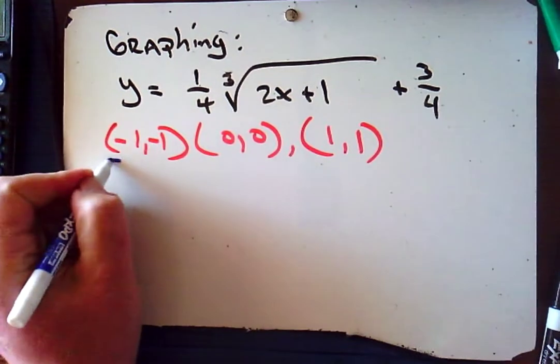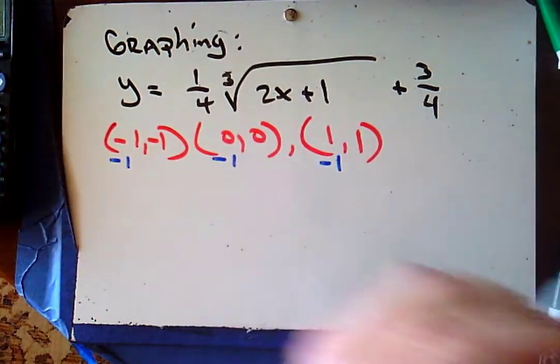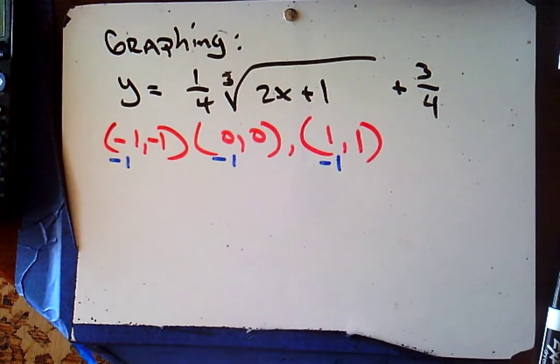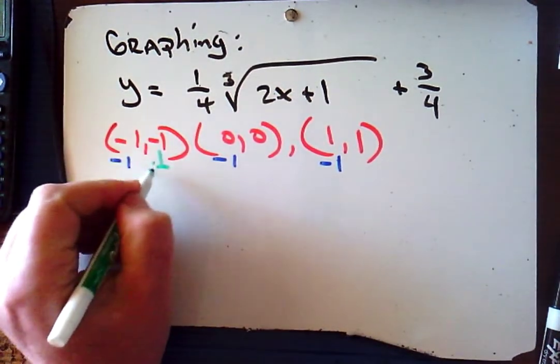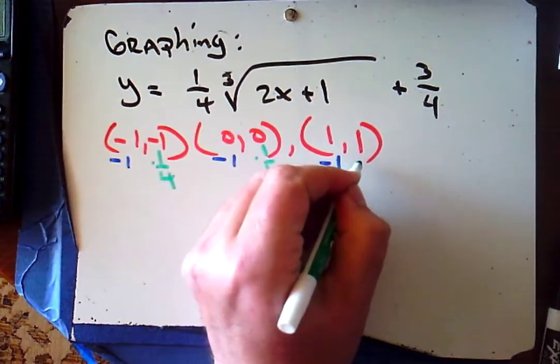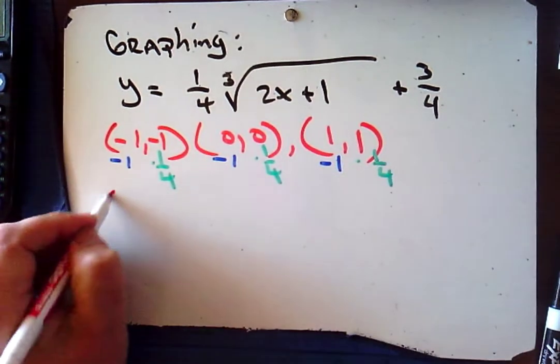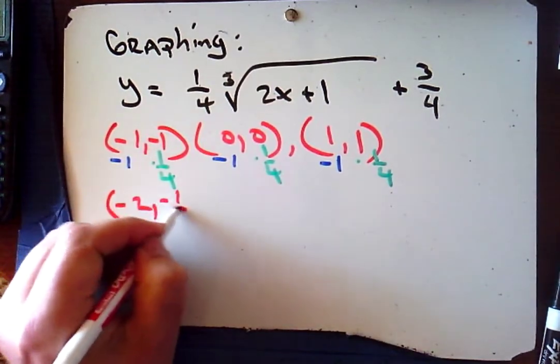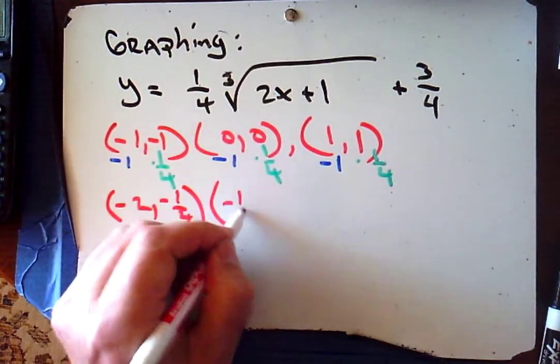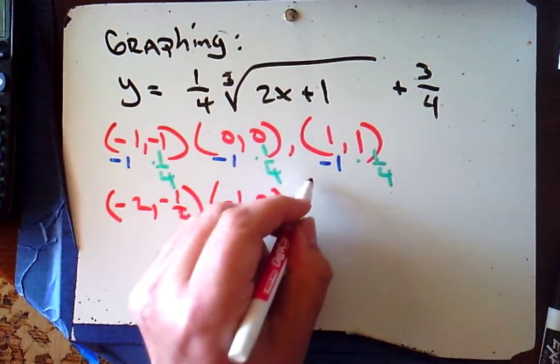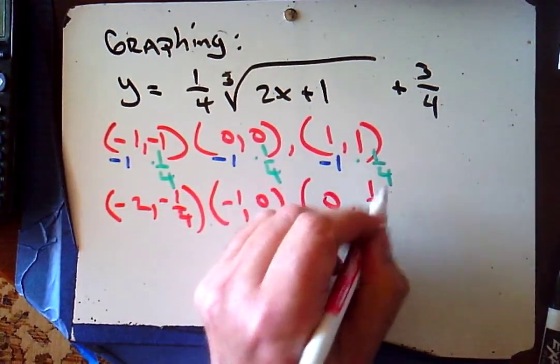I'm going to subtract 1 from all the x's, and I'm going to multiply the y's by 1/4. So my new points will be -2, -1/4, -1, 0, and 0, 1/4.